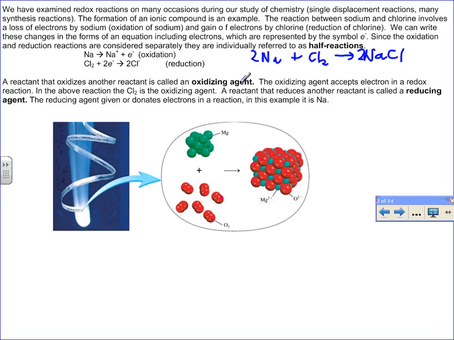By gaining electrons, an oxidizing agent allows a substance to be oxidized. So in this case, the chlorine is the oxidizing agent. The reducing agent is the opposite. It's the one that donates the electrons, and in this case, it is the sodium.